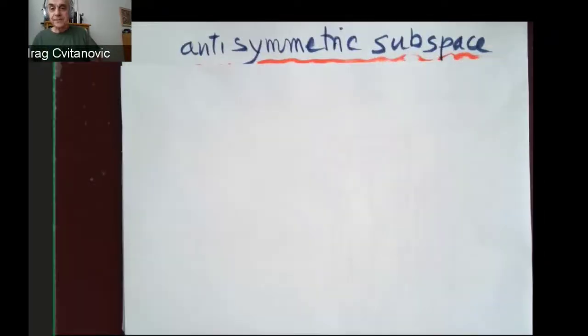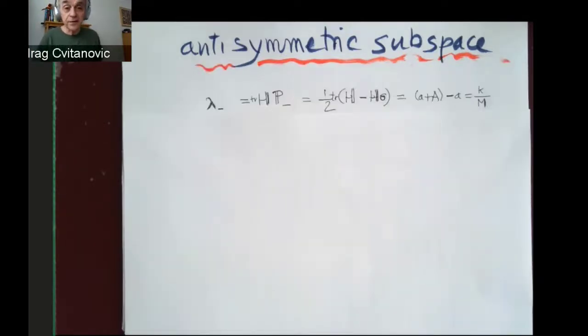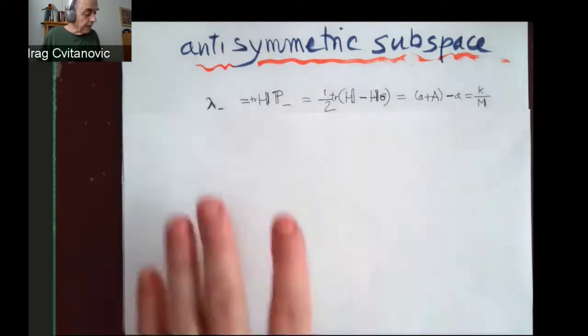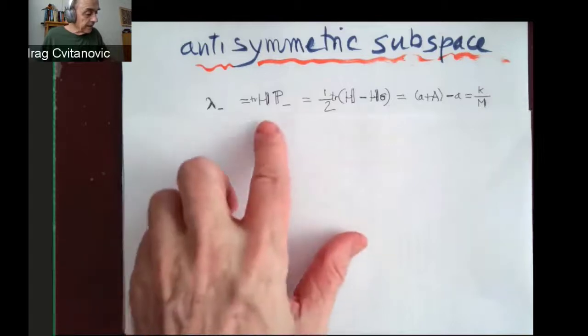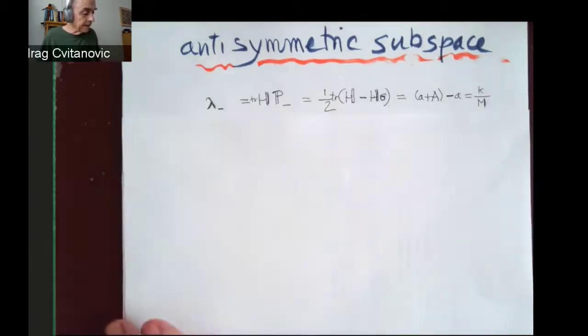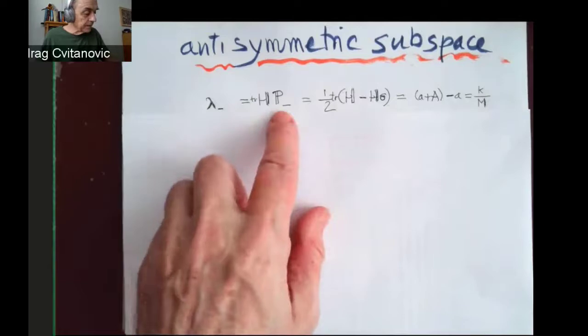Well, the antisymmetric subspace is 1-dimensional, so the matrix H is 1-dimensional, so we should be able to do that. I'll take a trace of a 1-dimensional matrix just because it's easier for me to do it this way. So I'm only dealing with numbers, but the trace of a 1-dimensional matrix is the only entry in the matrix, so it's no big deal. So one eigenvalue is, I take the Hamiltonian, multiply it by the antisymmetrization operator, take a trace, and that gives me the eigenvalue.